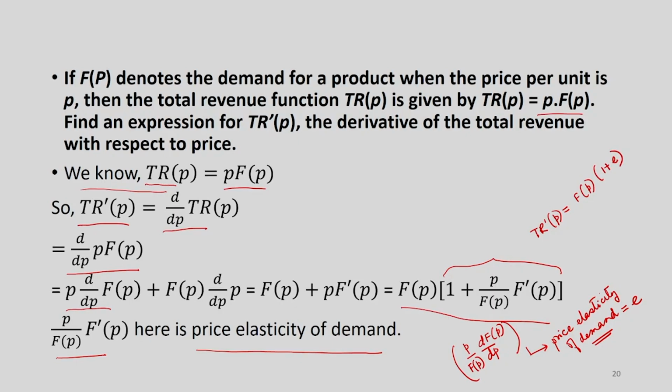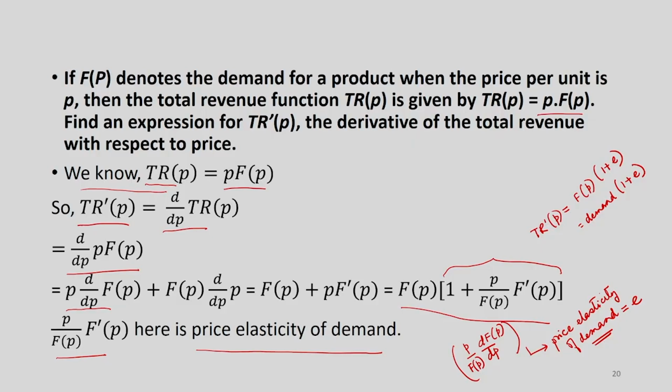And f(p) is nothing but the demand, so demand at that particular price multiplied by 1 plus price elasticity of demand. Okay. So, this is what TR prime p is. So, this is the answer.